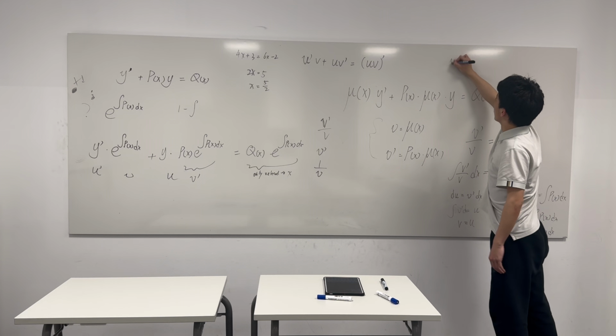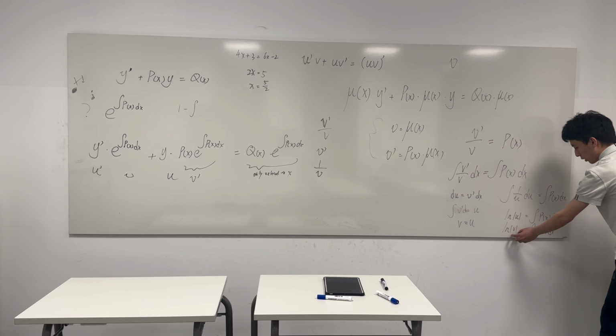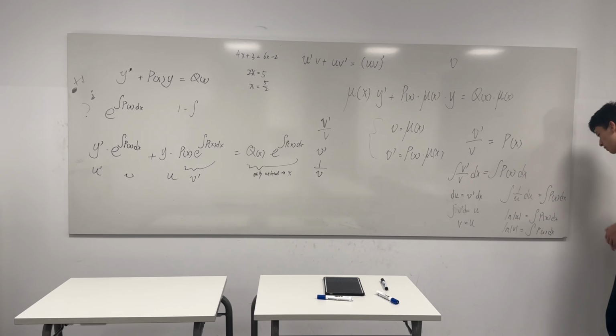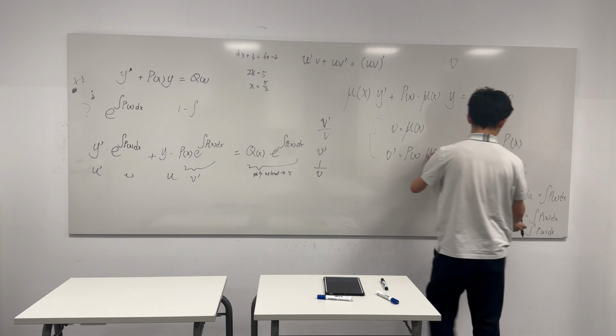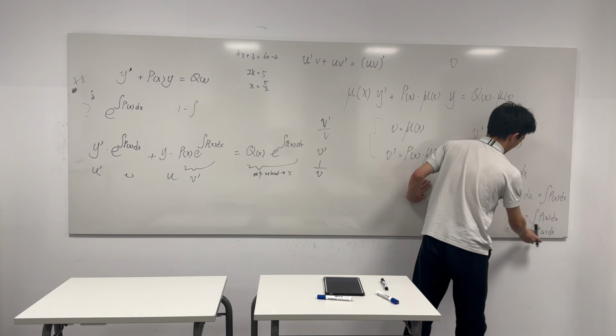Therefore, if ln absolute value v is equal to this, then e to the power of this is equal to e to the power of this.